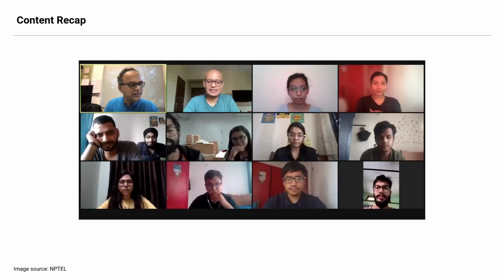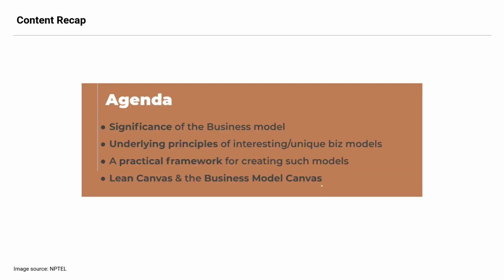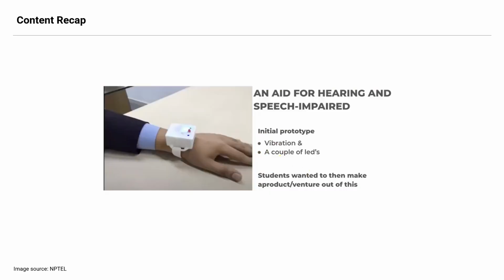So this is the class of IDC Hyderabad and the students. We are trying to understand the business model, the underlying principles, the practical framework, the lean canvas and the business canvas. So lean canvas for the various customer segments, and you bridge them together to form a business model. This was the first example.